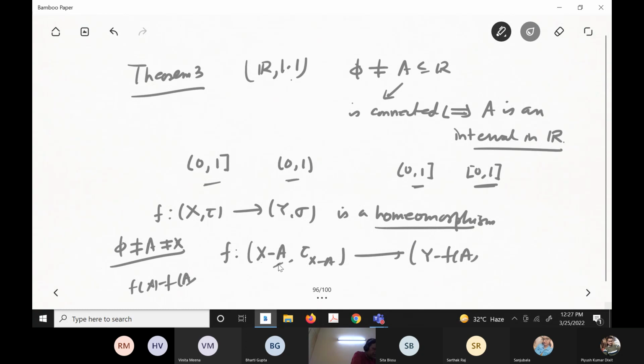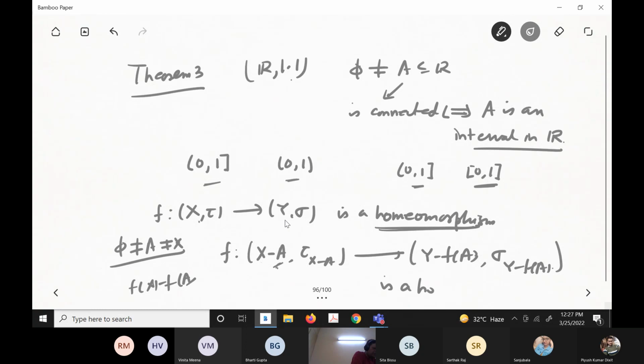If you delete a here, you will delete fa, and correspondingly sigma this. This is a homeomorphism, because it is a restricted map, and this will be a one-to-one correspondence. Since f is continuous, its restriction here will also be continuous, and in the same way from the other side.